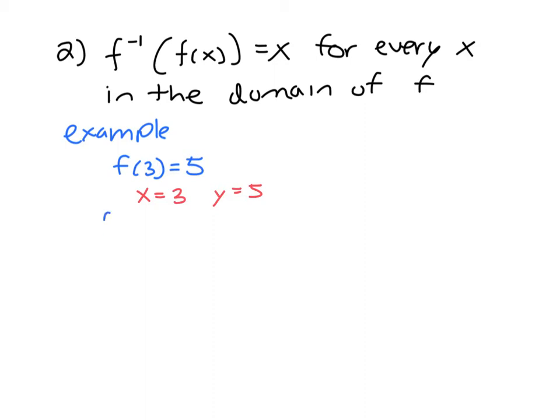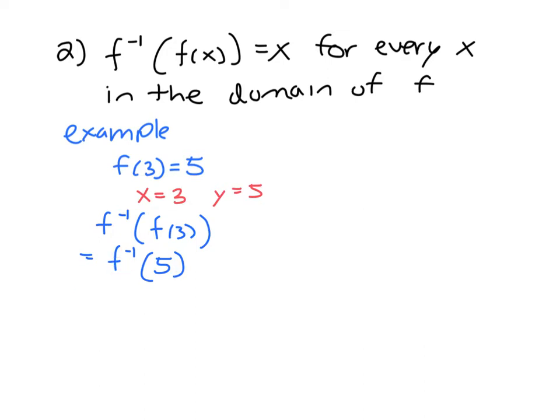If someone were to ask, what is f inverse of f of 3? Say you didn't have this property, and you were just trying to figure it out. We know f of 3 is 5, right? That was given to you right here. Now what's f inverse of 5? Remember, for inverse functions, you take in the y and you get out the x.